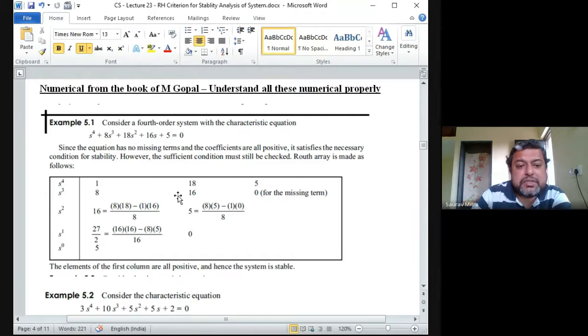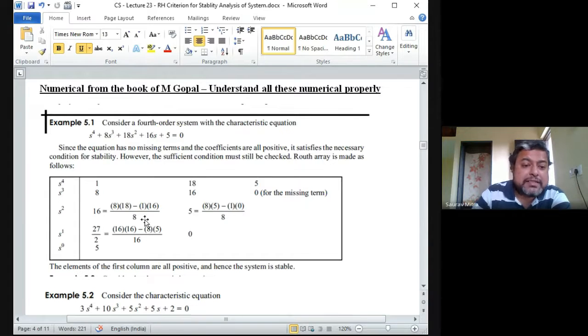That means bottom left multiplied by top right minus top left multiplied by bottom right, divided by the bottom left. So you can see here 16 into 16, that is this 16 and this 16, minus 8 into 5 divided by 16. If you do that, you are going to get 13.5 or 27 by 2. And the other element is not there, so you can write it as 0.